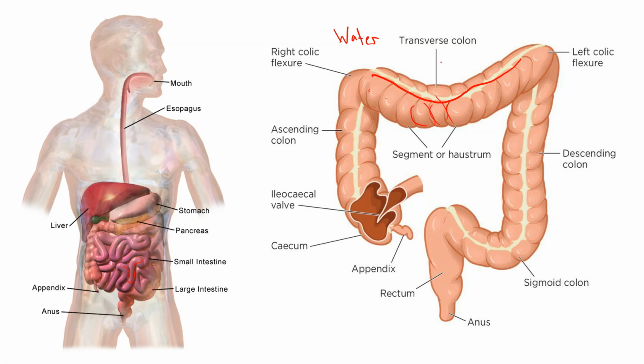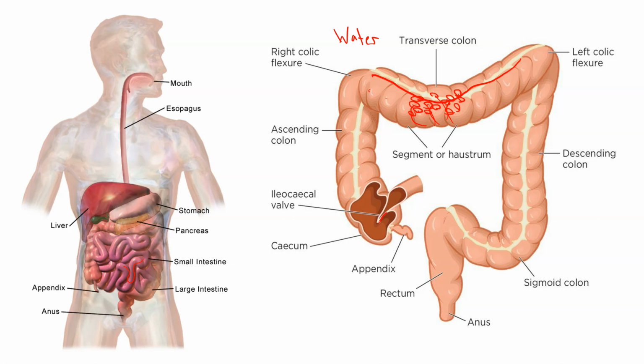And what it's going to do is compact and compact and compact. So eventually, hopefully, a solid mass of food stuff that we would call fecal material is made. Those are called segmentation contractions, and you can't really feel them. They just kind of happen when they're going to happen.